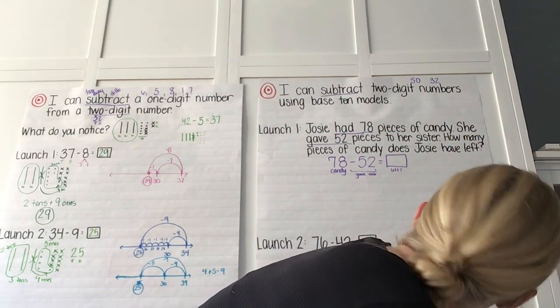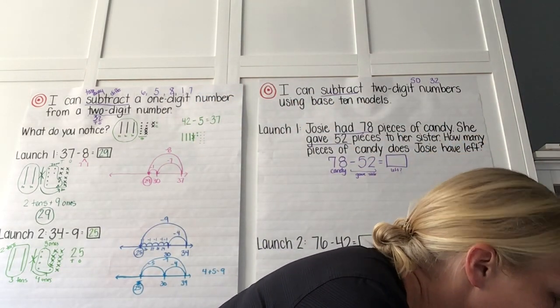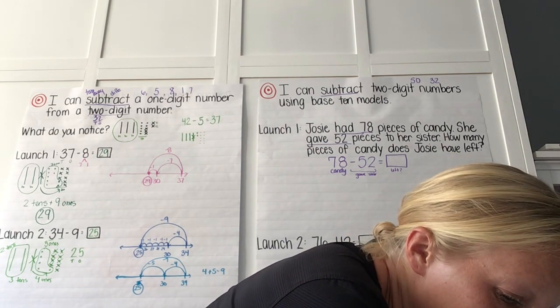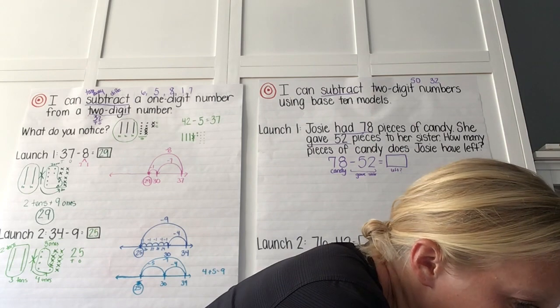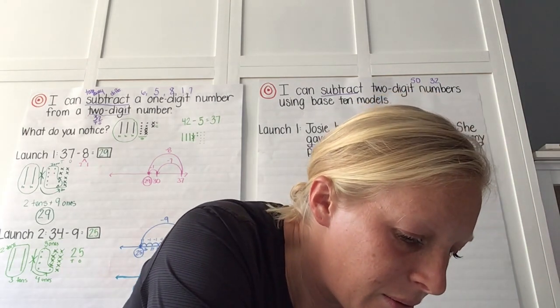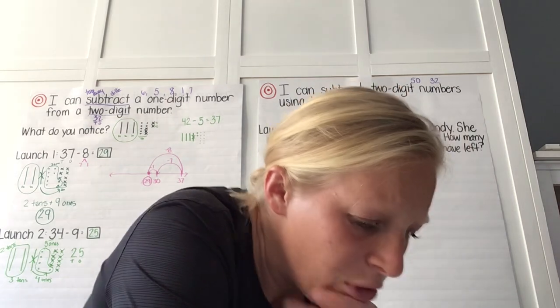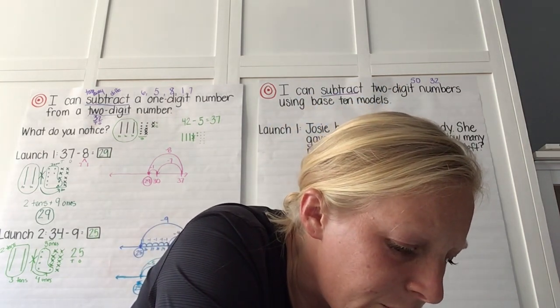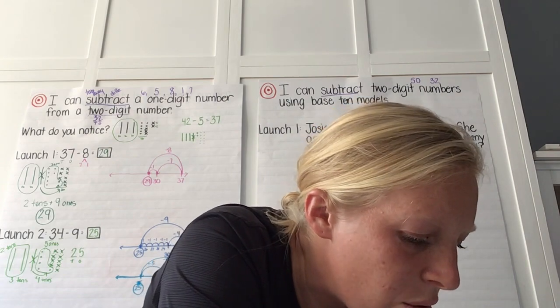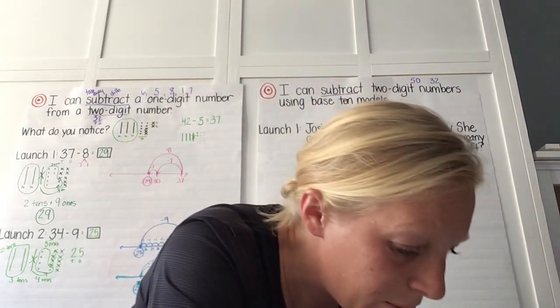Where's your 78 in your model? How many tens do you have? How many ones? What are you going to do next? Can you explain what you've done so far? How does that match the equation?